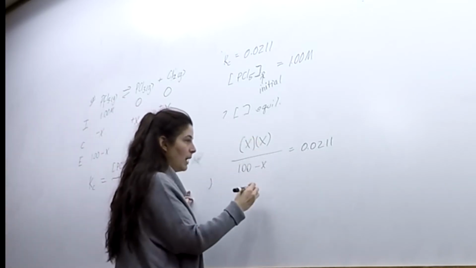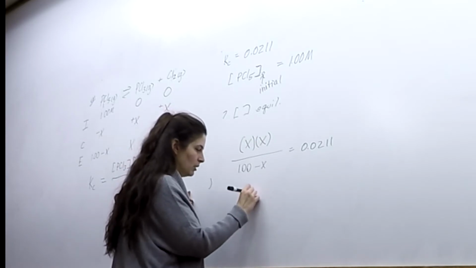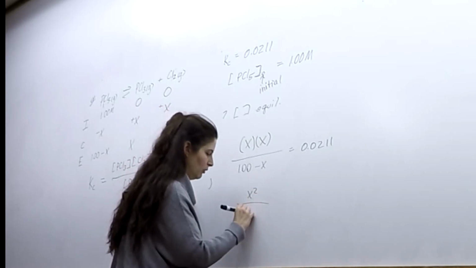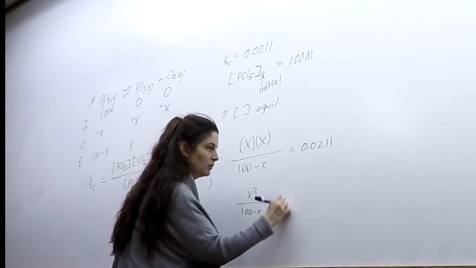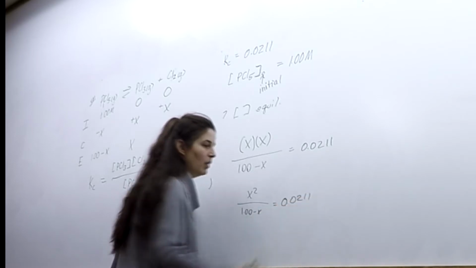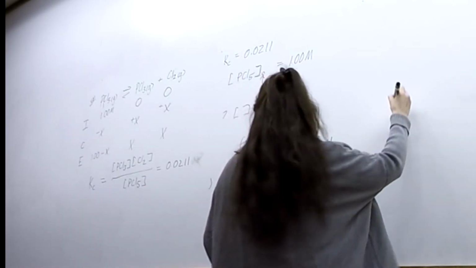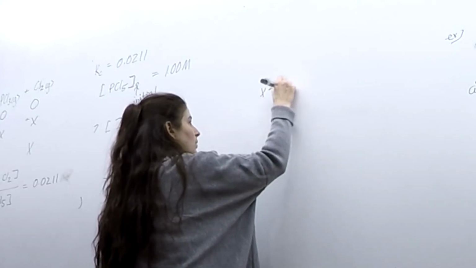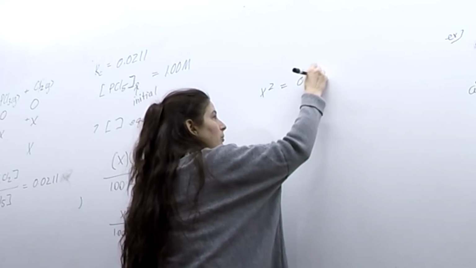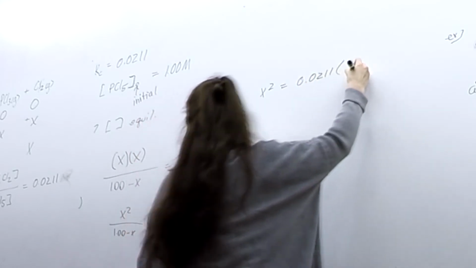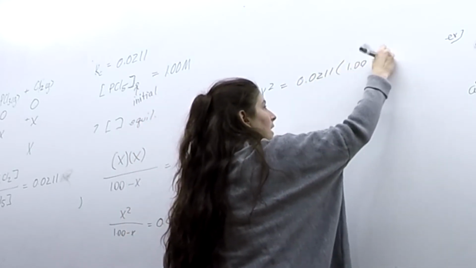So the top then will become x squared. So now it's x squared over 1 minus x equals 0.0211. We want to get the 1 minus x out of the denominator. So we'll now have x squared equals 0.0211 times 1 minus x.